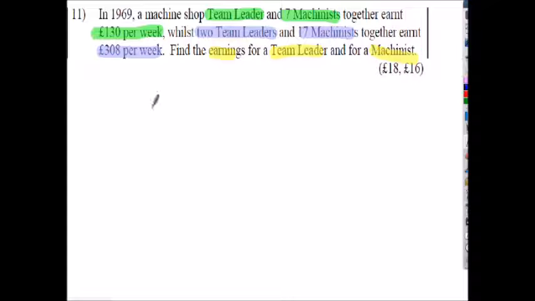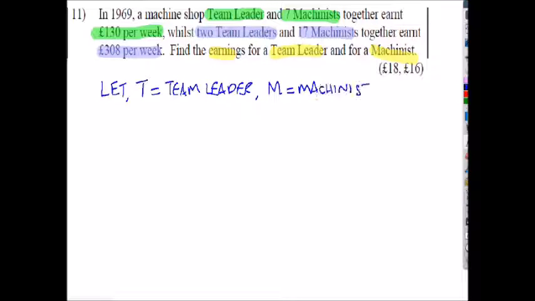So first of all, let's state some nomenclature, some symbols. Let's let T equal a team leader, and let's let M equal a machinist. You can call them X and Y if you prefer, but I'm going to call them T and M in the context of the question. So from the information given in the question, we'll be able to derive 2 equations here related to the team leader and machinist, and from that we'll be able to find their earnings per week in 1969.